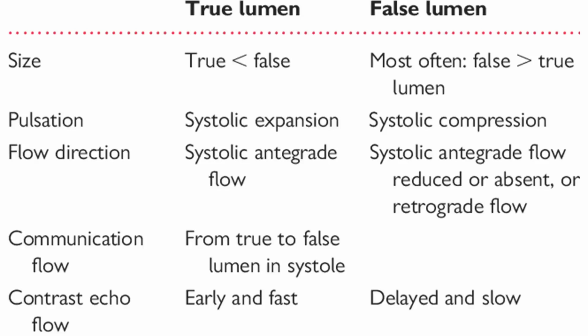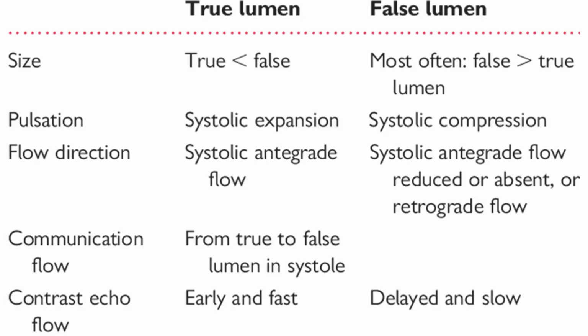Immediately following dissection, there is intrinsic true lumen collapse to a variable degree, and false lumen dilation, thus increasing the aortic cross-sectional area. The increase of the false lumen area correlates with blood pressure, the size of the entry tear into the false lumen, the depth of the dissection plane within the media, and the percentage of aortic circumference involved.